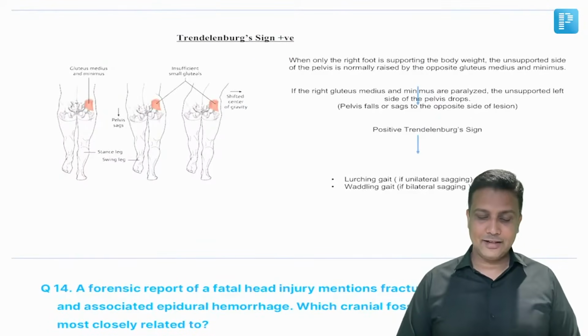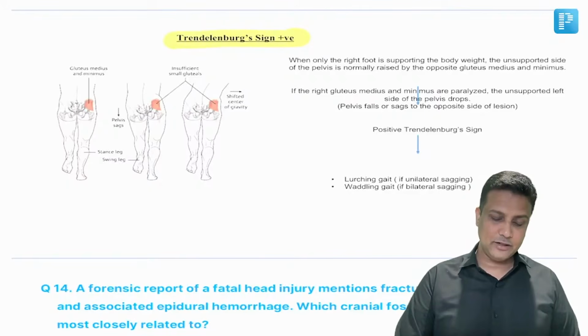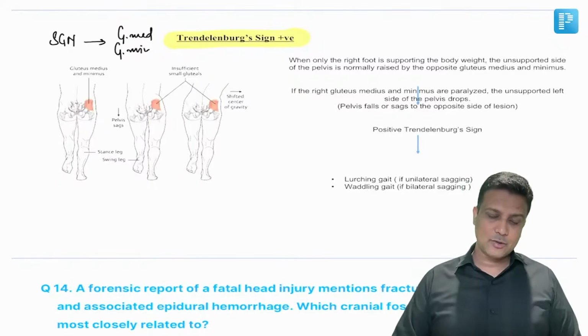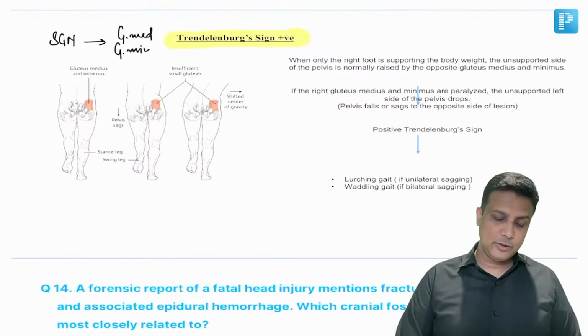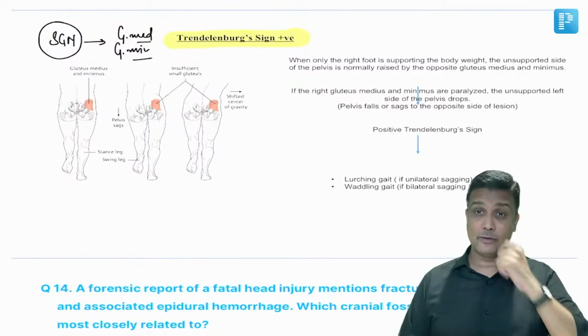And we know very well the nerve that will be involved here will be the superior gluteal nerve. And the superior gluteal nerve is the one which will be supplying two muscles. One is gluteus medius, another one will be the gluteus minimus. So when the Trendelenburg sign is positive, the superior gluteal nerve will be injured and these two muscles will be involved.